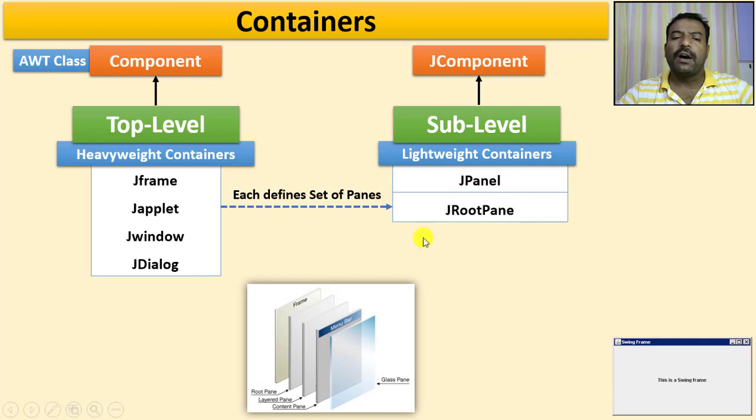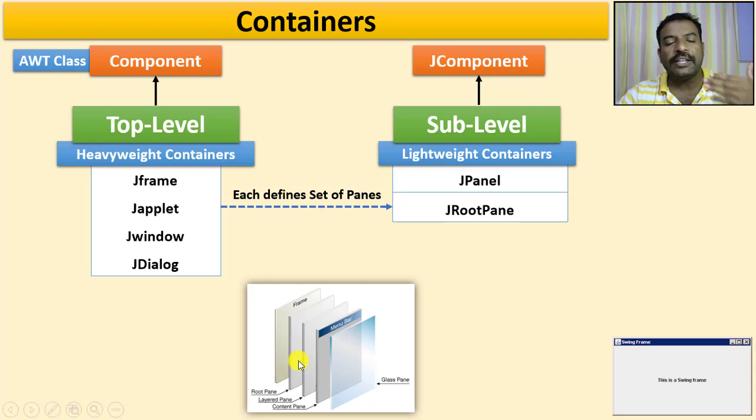Now when I'm going to talk about these top level containers, each top level container defines a set of panes, and out of those set of panes, the root pane is the topmost pane. Whenever I'm going to have panes, I'm going to have n number of panes or n number of windows or n number of layers on a given GUI window.